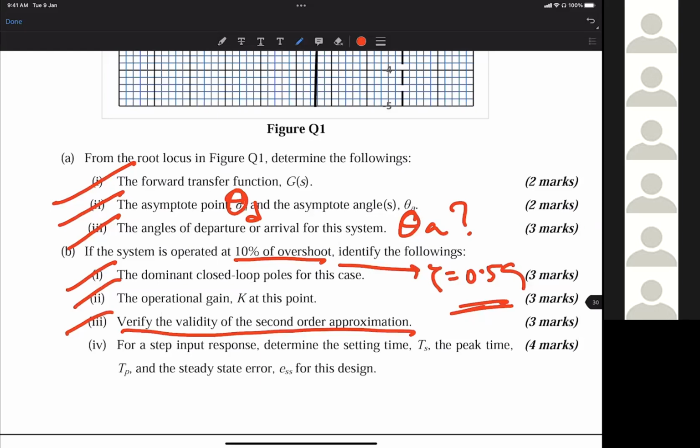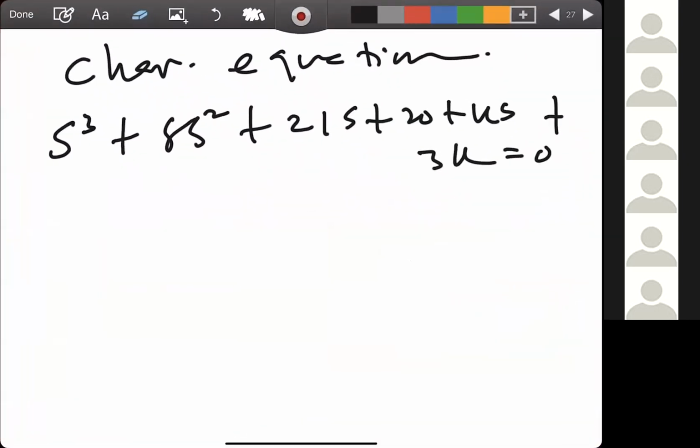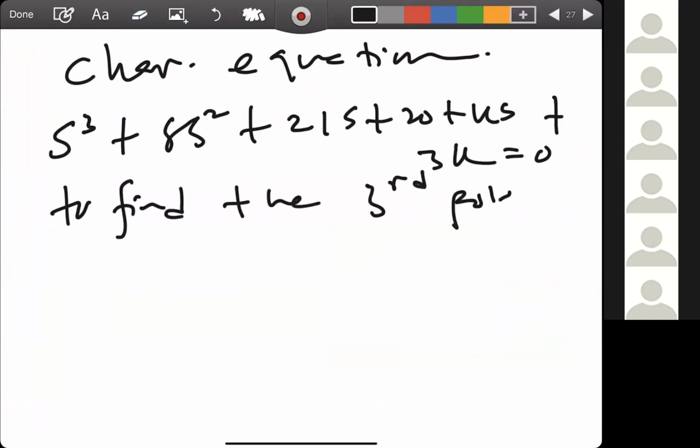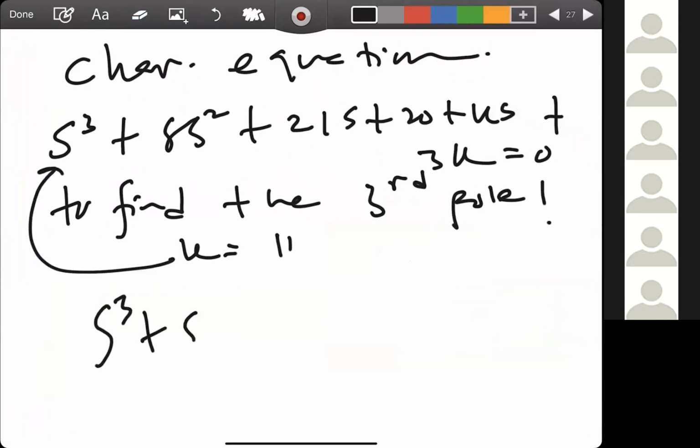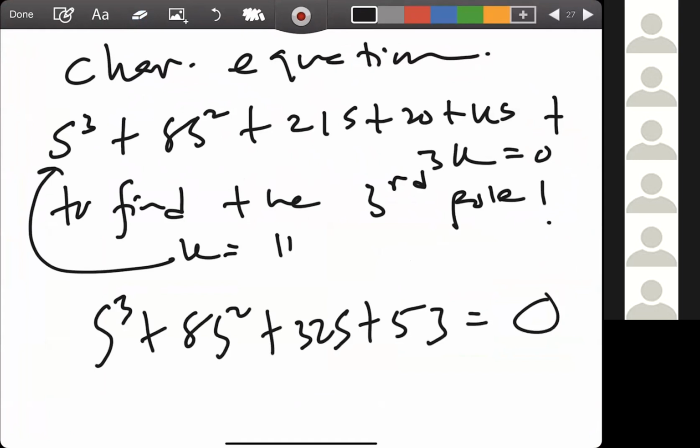We want to find the third pole. So K is equal to 11, insert inside, then find the roots.